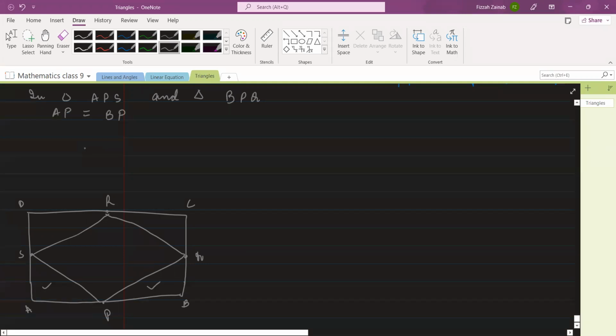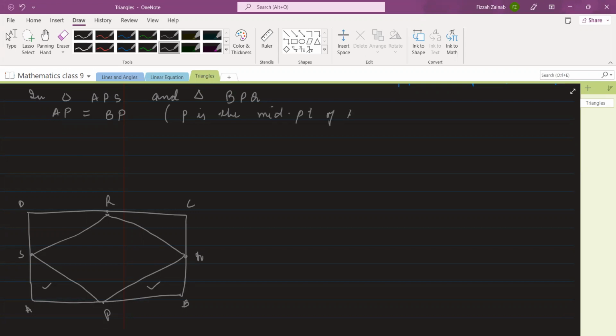Why? Because P is the midpoint of AB, right? And what else can I say? This angle is equal to 90 and this also equal to 90. Why? Because ABCD is a rectangle, already given.